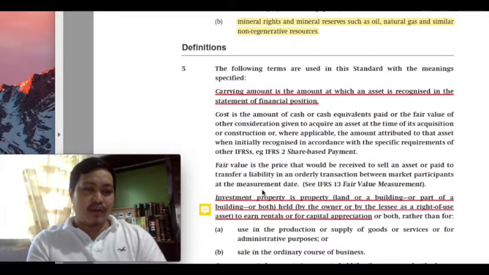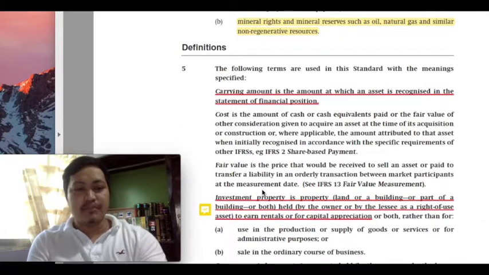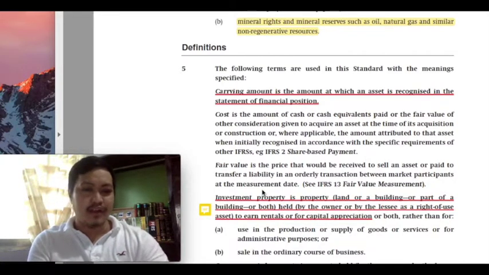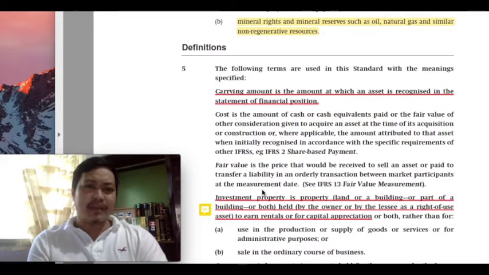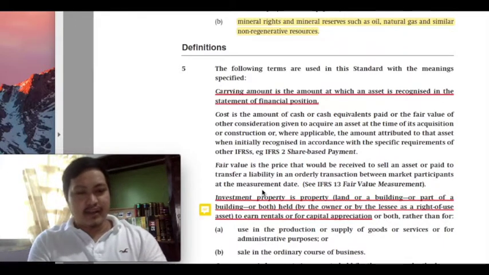Now, how do we reconcile the seemingly overlapping provisions in PAS 16 and PAS 40? For PAS 40, it limits the coverage to land and building. So very clear here that machineries, equipment, vehicles, even if they are to be held for rental, will not be considered as investment property.